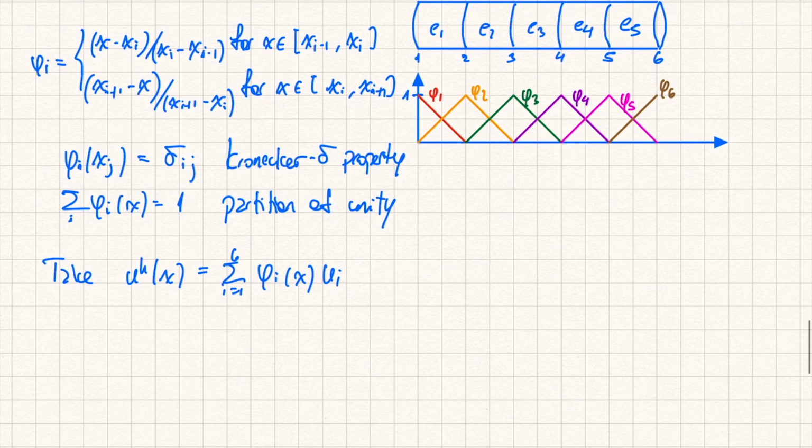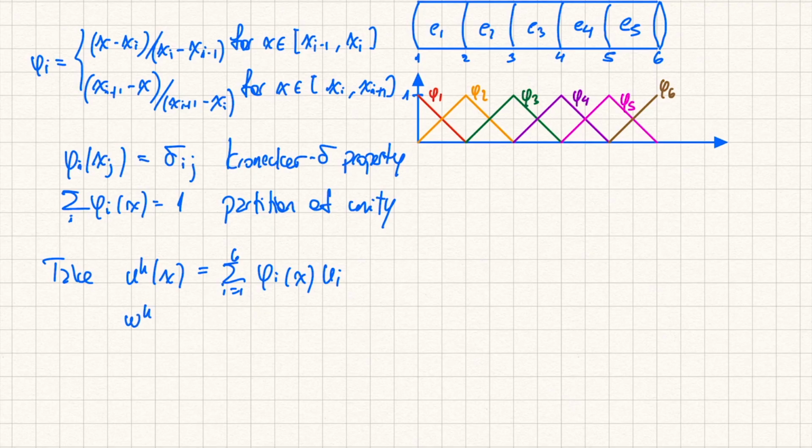Okay, well, and if we're going to go for this Bubnov-Galerkin approximation, if you remember, what was the Bubnov-Galerkin? We're going to take the test functions to be, yeah, in the same space.